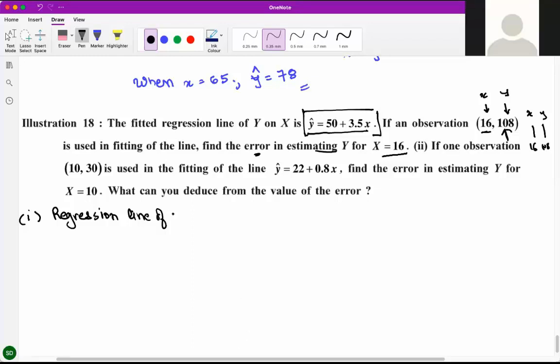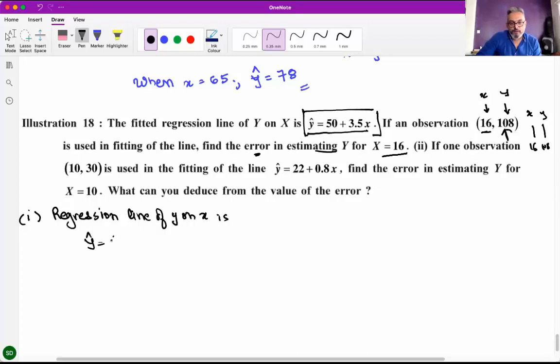Regression line of y on x is y cap is equal to 50 plus 3.5x.